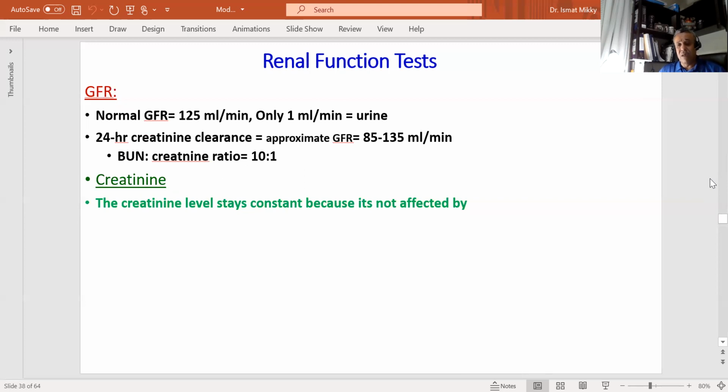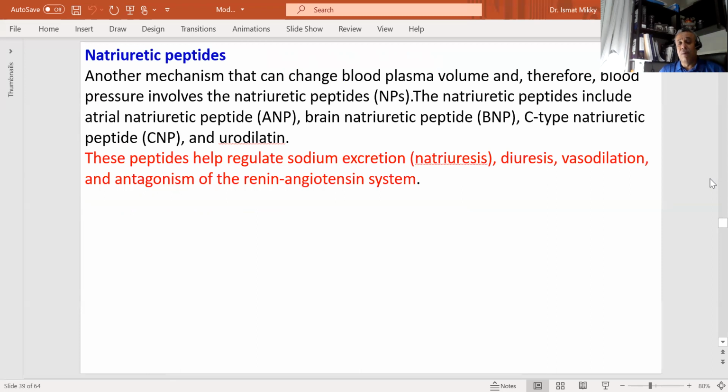The BUN is usually affected by many factors. It will fluctuate based on fluid intake, muscle damage, exercise, protein intake, or the rate of urine production. So many factors could alter the BUN, but they don't affect the creatinine.